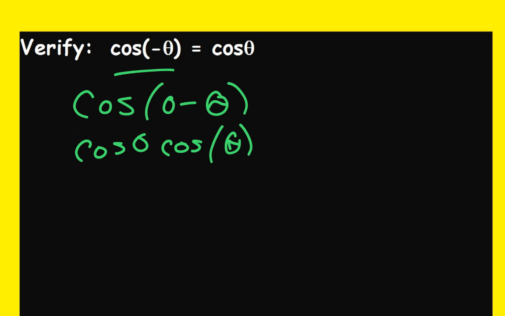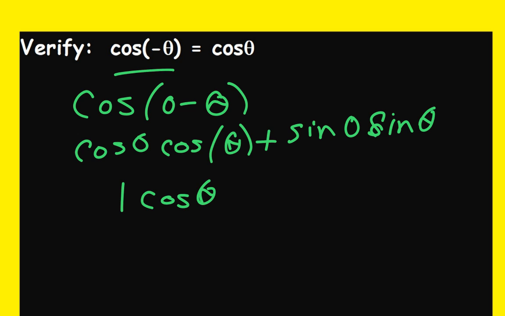And then cosine changes the sign, so that was a minus, so this is a plus. And then it would be sine of 0, sine of theta. So cosine of 0 is 1, and so this is 1 cosine of theta. And sine of 0 is 0, so this is all gone at 0, so it's cosine of theta.